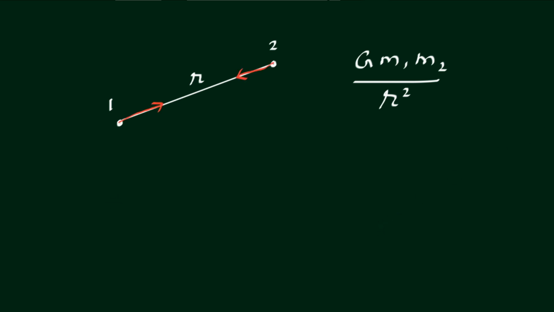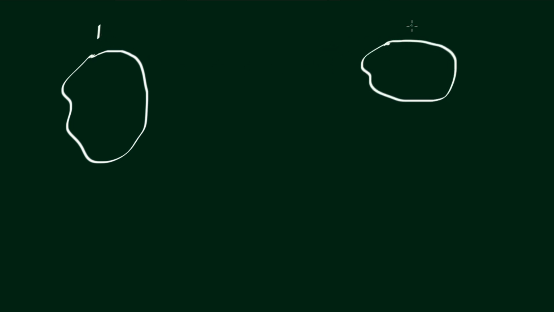But what happens if you have two extended objects? For example, supposing I have this asteroid 1 and let's say asteroid 2. Well, you will say, cool, let's write down the force on asteroid 2.